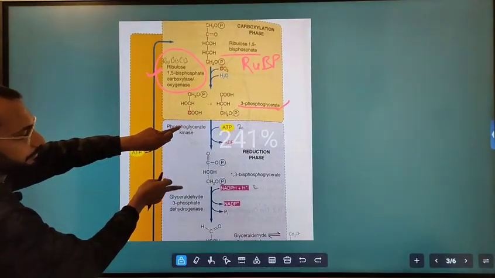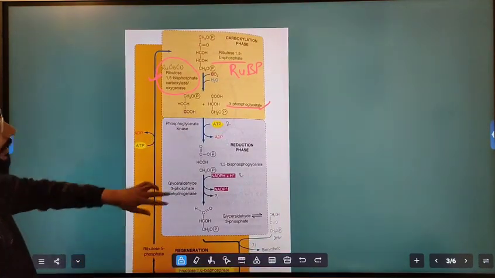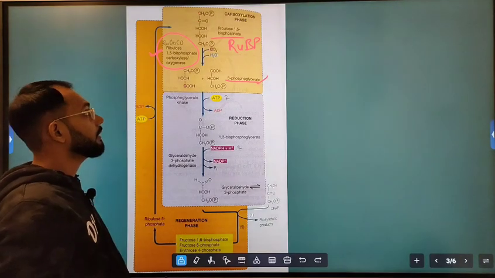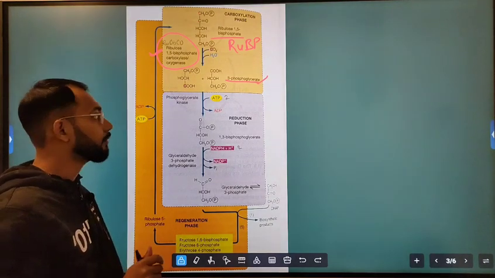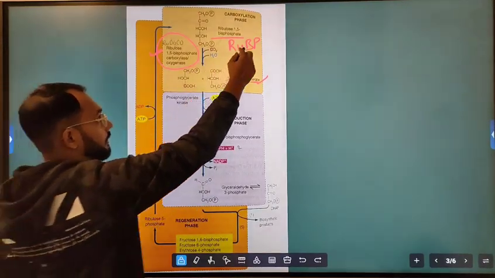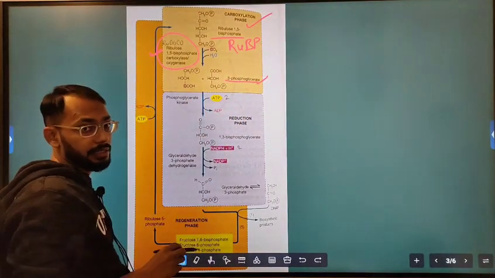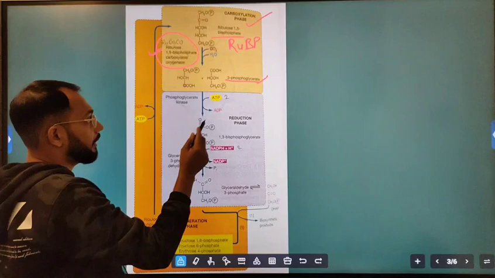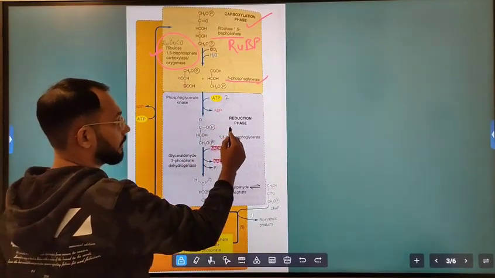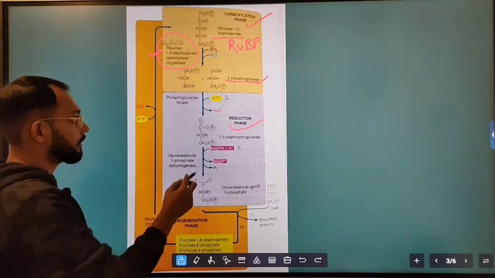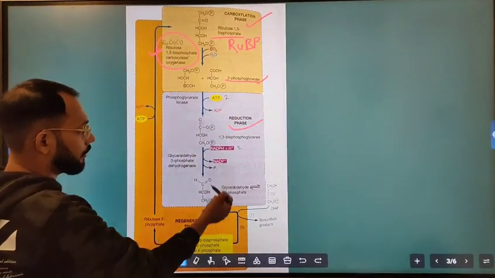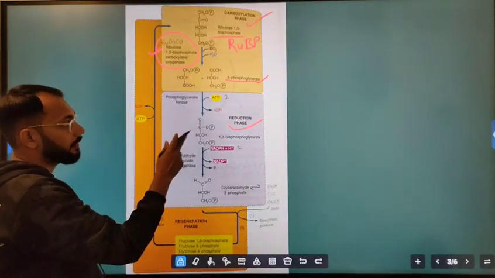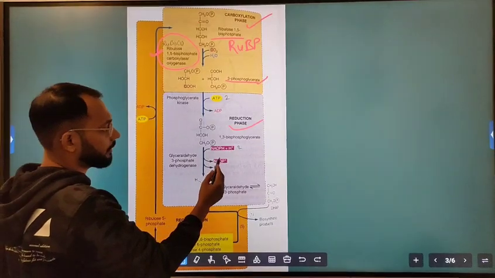And after that, in the Calvin cycle, there are various reactions which we can categorize in 3 major groups. First one is the carboxylation phase, that is carbon dioxide incorporation, as we have seen here, catalyzed by the Rubisco enzyme. In the second phase, reduction is carried out. Reduction of the 3-phosphoglycerate into glyceraldehyde 3-phosphate, and in the reduction phase, ATP and NADPH are used.